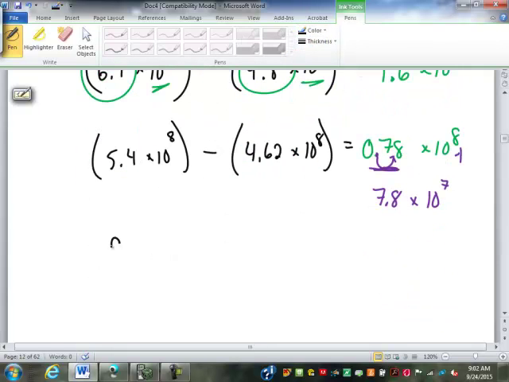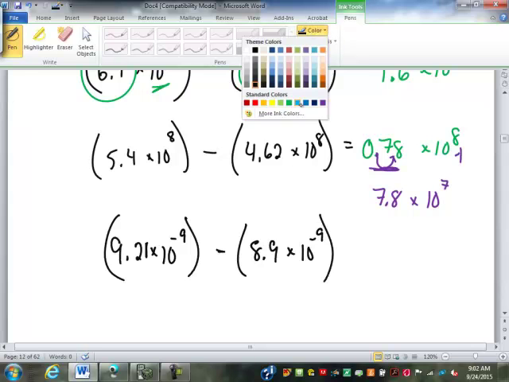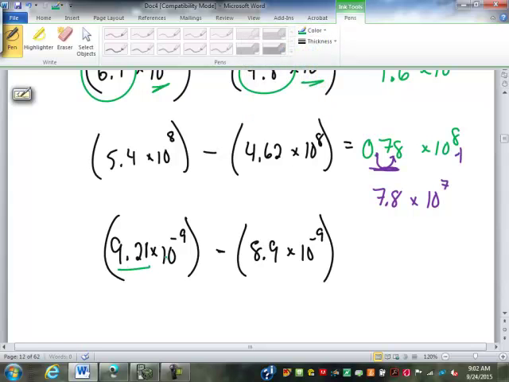So we could have 9.2, make that 9.21 times 10 to the negative 9th, minus 8.9 times 10 to the negative 9th. We subtract. They do have the same power of 10, 10 to the negative 9th.